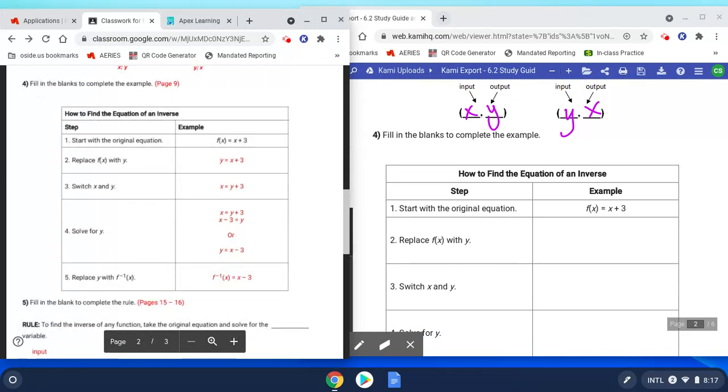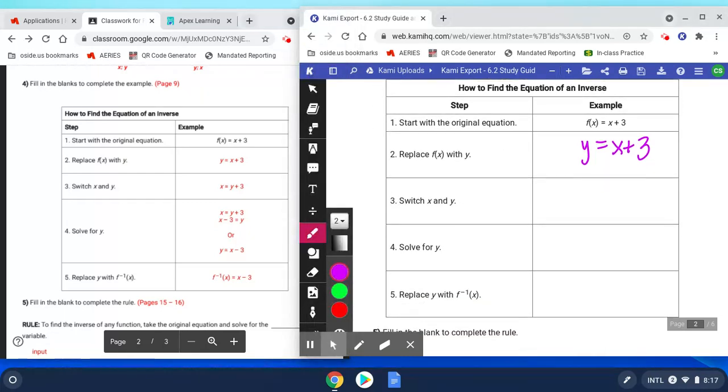Let's write actual steps out of what we've practiced already for 2 days in our class. Step 1, if you recall, is to replace f of x with y. Notice how we're getting the formal steps written out now in this study guide. Step 2 is to switch the x and the y.